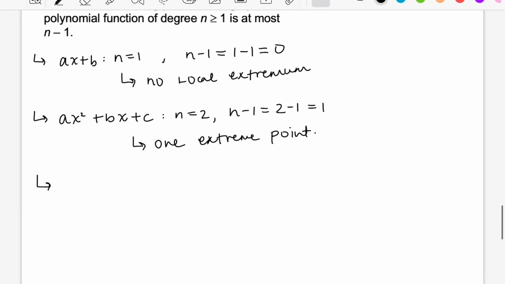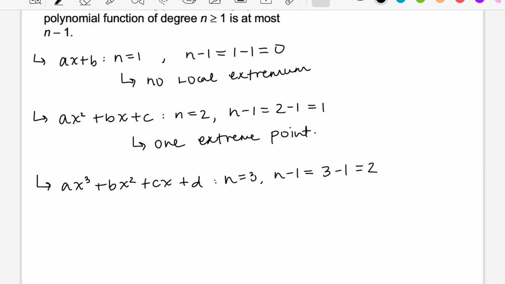And lastly, if we had this cubic function here, in this case, the degree is our highest power, which is going to be 3. So this tells us we would have 2 turning points. So at most 2 extreme points.